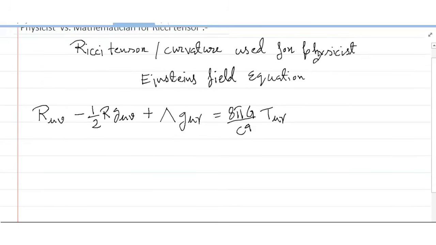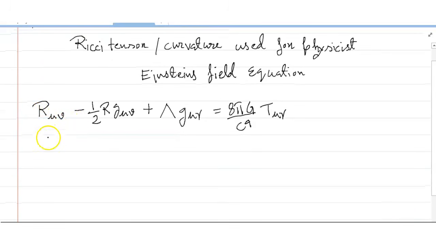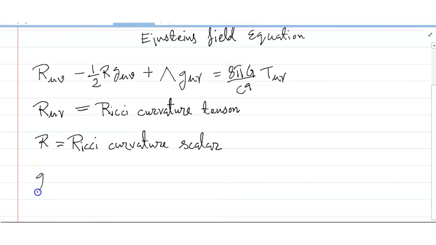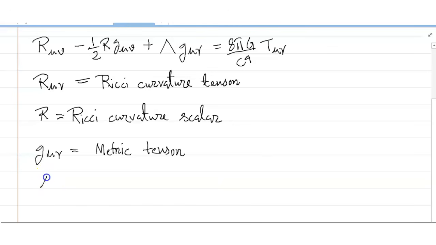So I introduce every term. R mu nu equals the Ricci curvature tensor. R is the Ricci curvature scalar, and g mu nu equals the metric tensor, and capital Lambda equals the cosmological constant.